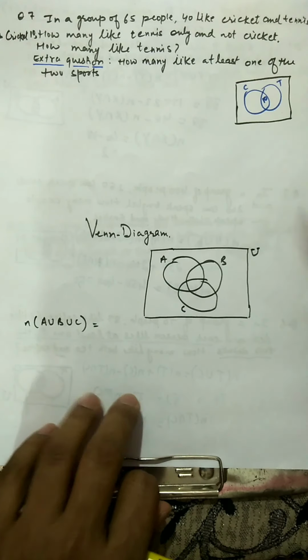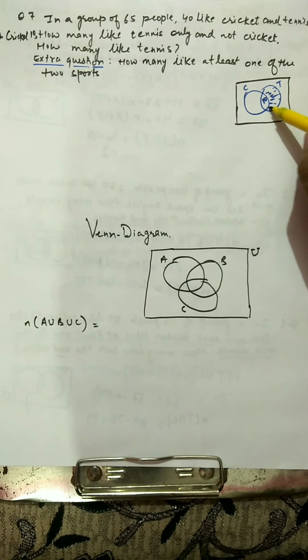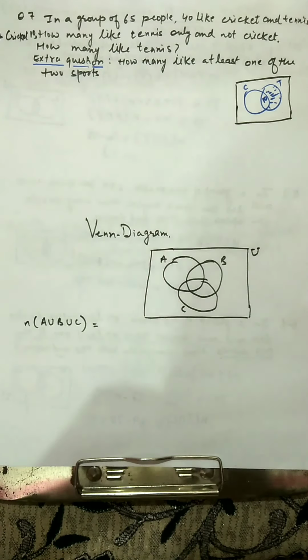How many like tennis only means this much area. How many people will be there? They are asking that. And how many like tennis means the complete circle of tennis. So we'll apply the formula.